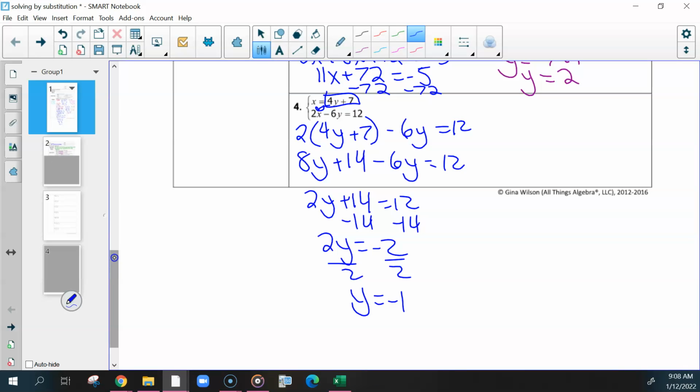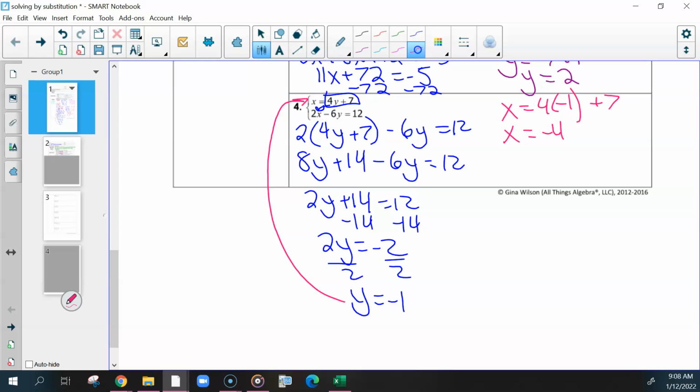Now that we have our y, we can go back and find x. And because we have an x equals already, I'm going to put it back into this first one. So x equals 4 times negative 1 plus 7. And then go from there.